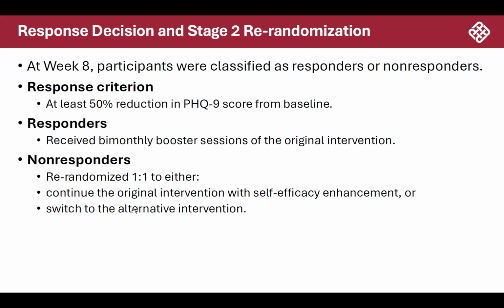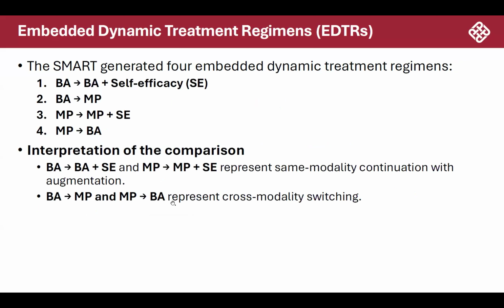Or they will switch to the alternative interventions. For example, the people who joined the behavioral activation will switch to mindfulness practice, and the people who joined the mindfulness practice will switch to the behavioral activation. So based on this principle, you will see that we have 4 embedded dynamic treatment regimes, including the behavioral activation.